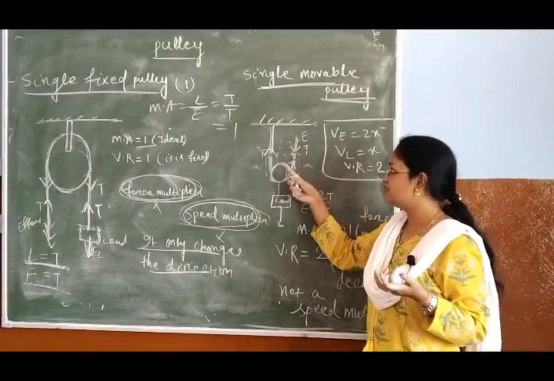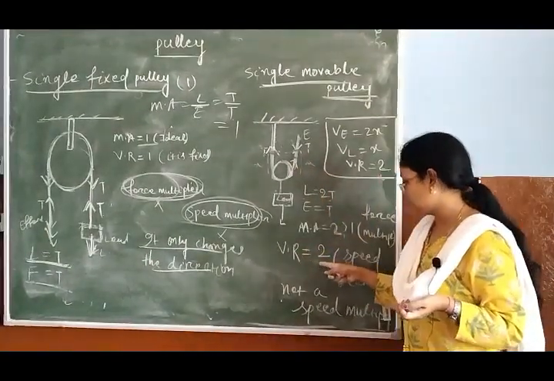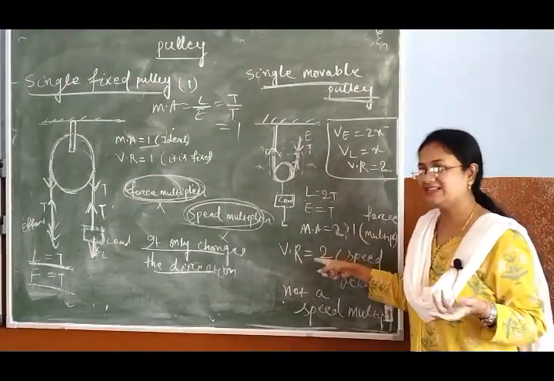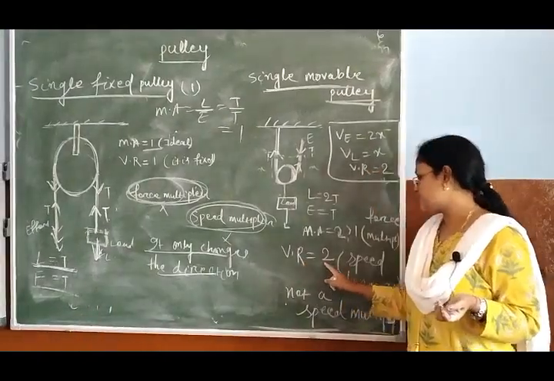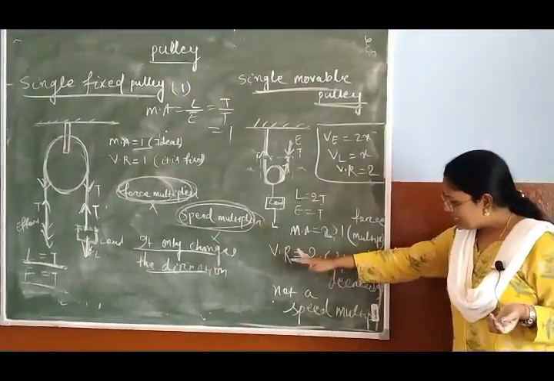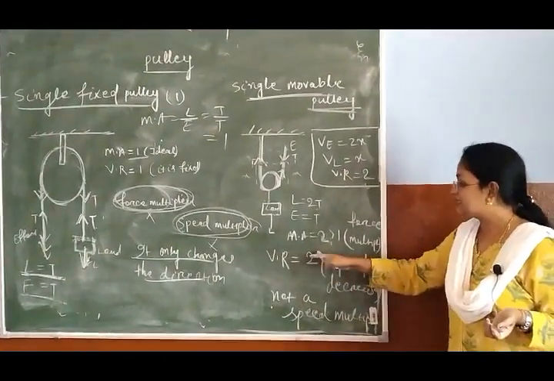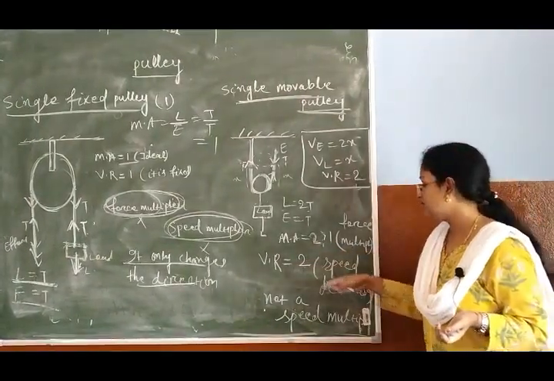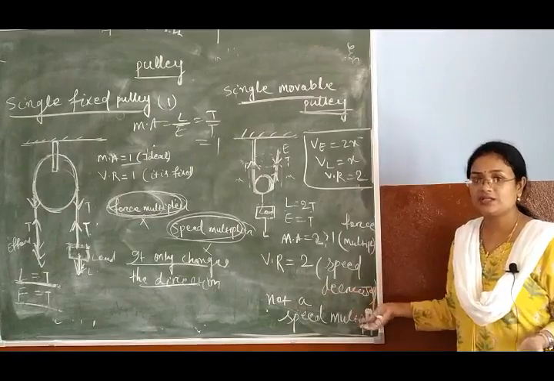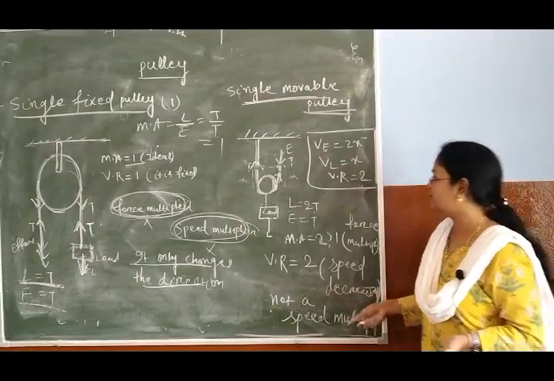For a single movable pulley, the velocity ratio is fixed. We will find the derivation of how the velocity ratio equals 2. The velocity ratio is 2, and if it is greater than 1, the speed decreases, so it is not used as a speed multiplier.